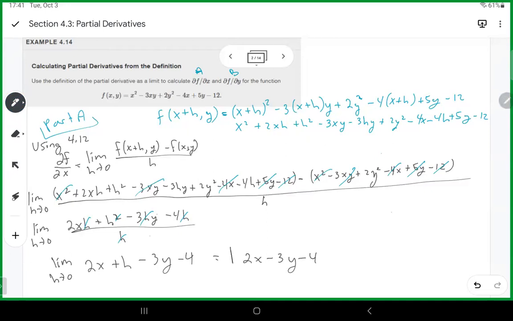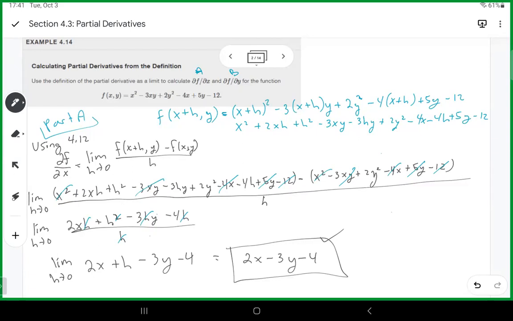Okay. All right. So whether you're working with 4.12 or 4.13, you're going to want to do the little part first.